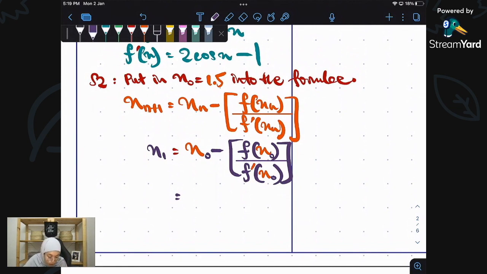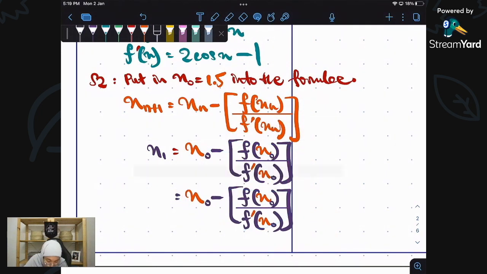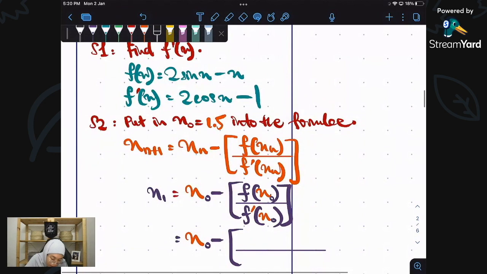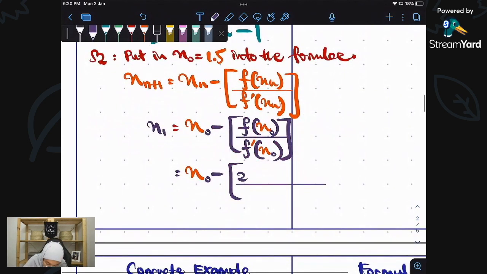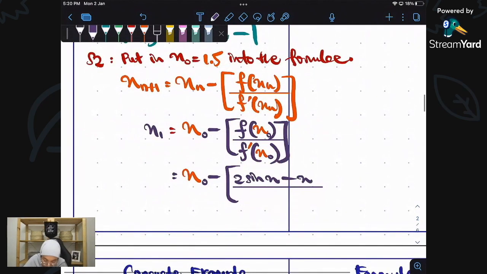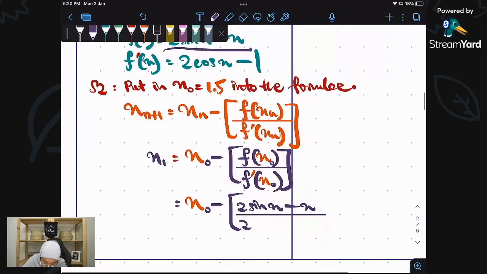What you have to do is convert the f(x0) into its function, the function you already found earlier, which is 2 sine x minus x, while the derivative is 2 cos x minus 1.